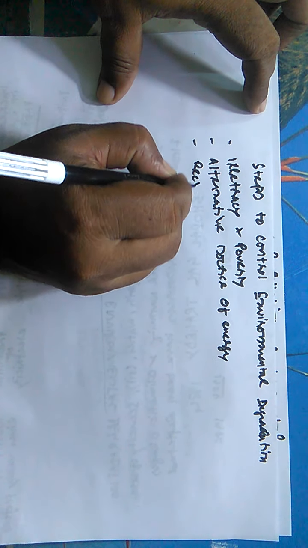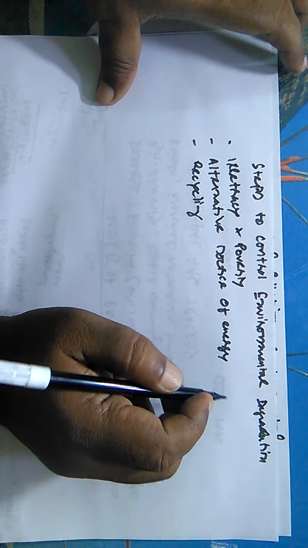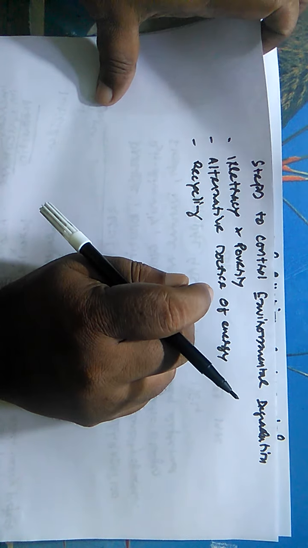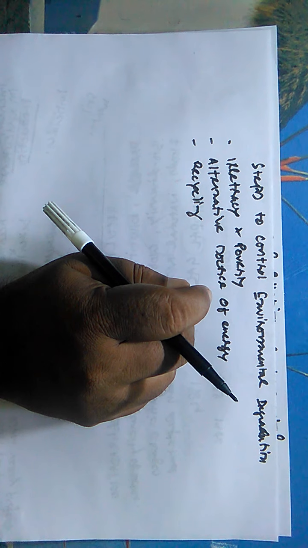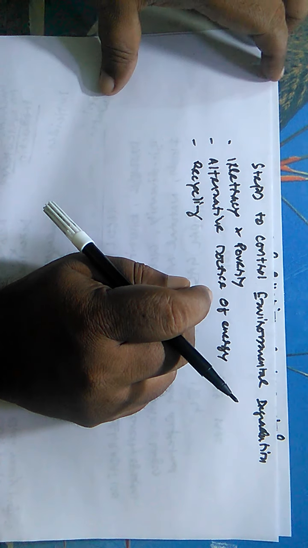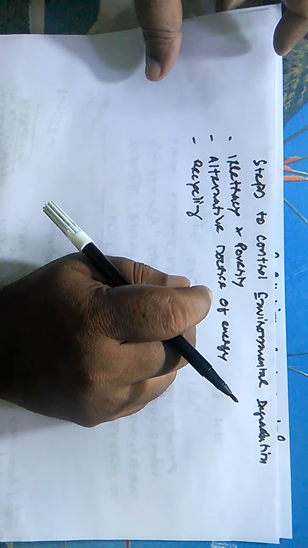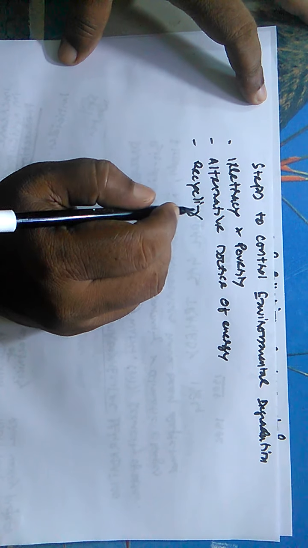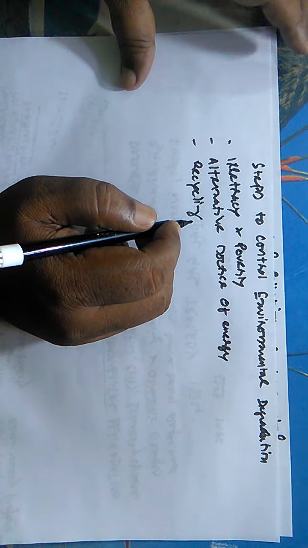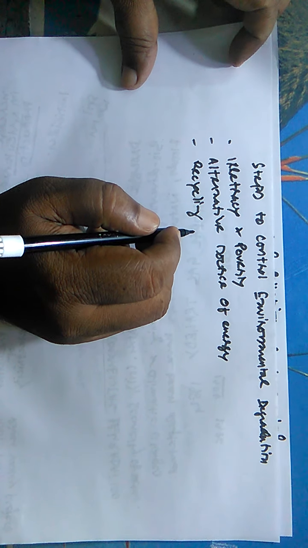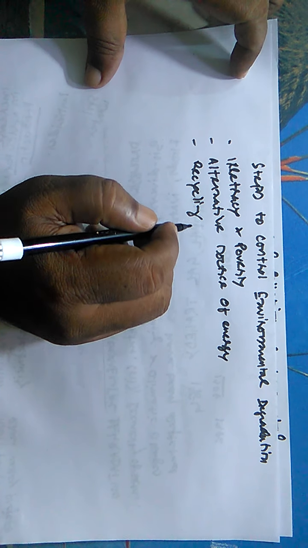Then recycling of resources should be there. Consumers particularly should be made aware of the recycling of commodities. Then per capita consumption of natural resources needs to be decreased. That is, human beings need to control the use of electricity, use of water, though they may be paying for it, but they need to control the use of these things. Along with that, awareness should be created so that people become aware of the consequences of environmental degradation.